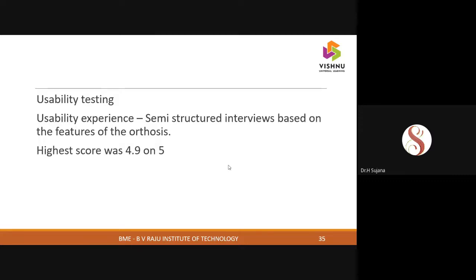Are you able to wear it on your own? Can you take it off whenever you want? So based on the interviews, they collected the usability experience, and everybody was happy with the orthoses that have been developed. On a higher score of 5, most of them gave a 4.9. So you can say this is a really successful 3D printed orthotic device.